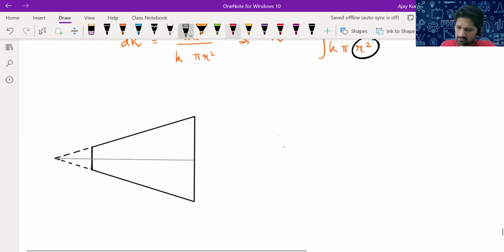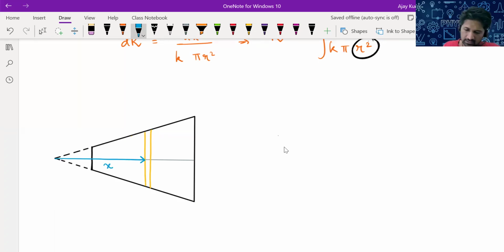Now consider a random layer somewhere here. That layer will have some thickness as well, dx. Now the distance from this point to this point, you can call this as x.